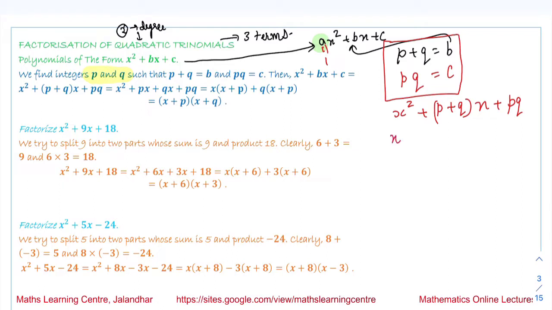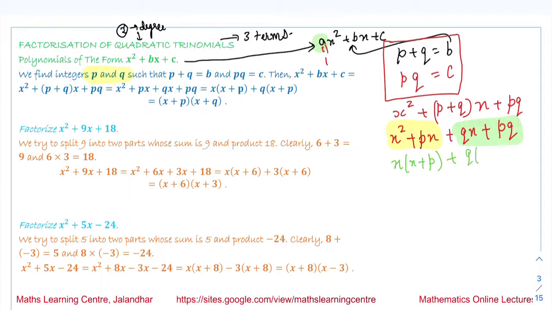Now if we separate these terms, it is x square plus px plus qx plus p into q. We group these terms, making a group of these two terms and a group of these two terms, and we take common factors. x is common, we are left with x plus q.